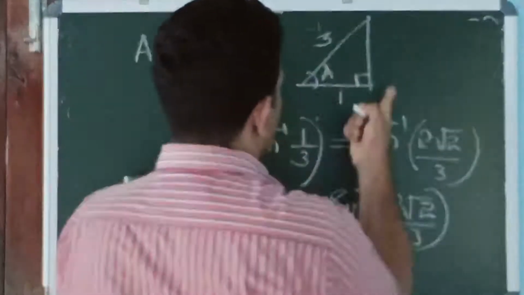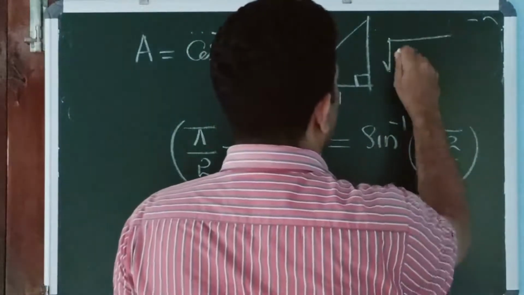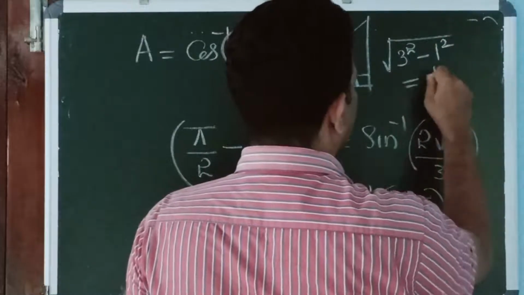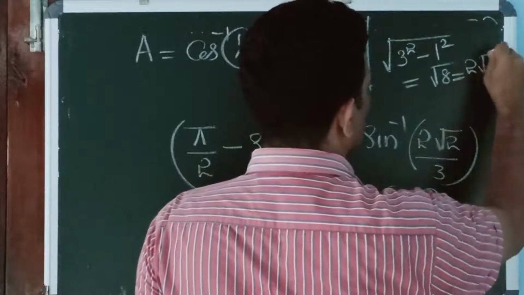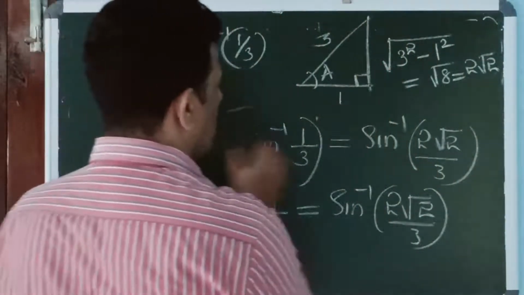Then, by using Pythagoras theorem, this length is equal to root of 3 square minus 1 square. That is root 8, which is equal to 2 root 2. Therefore, this length is 2 root 2.